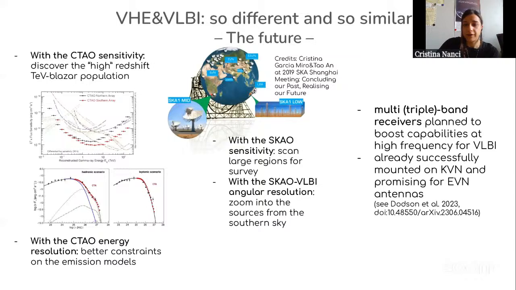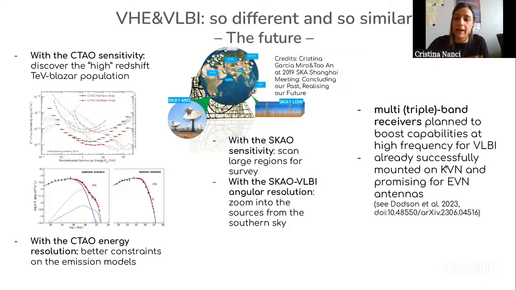But even more important for VLBI studies of blazars will be the triple band receivers that will be built on some of the antennas in the EVN network, and that are already mounted on the KVN antennas.